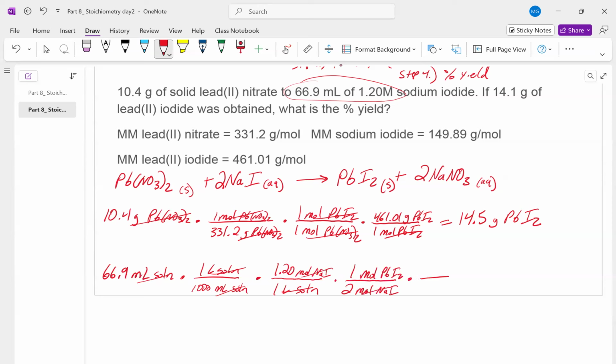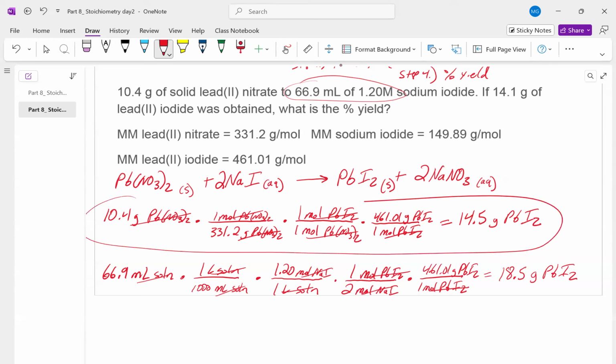And then finally, to get to grams of that product, I use the molar mass. Again, notice how the only remaining unit is grams of product. So I've canceled everything out correctly, plug this into the calculator, and it comes to 14.5 grams of lead iodide. So what does that tell you? That tells you the lead nitrate is the limiting reagent.